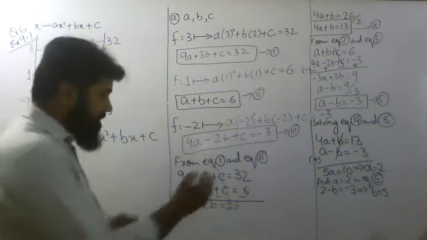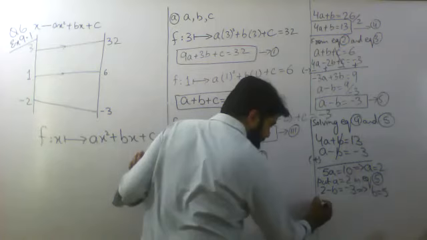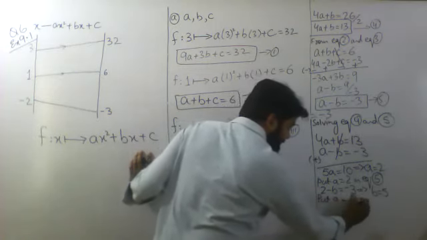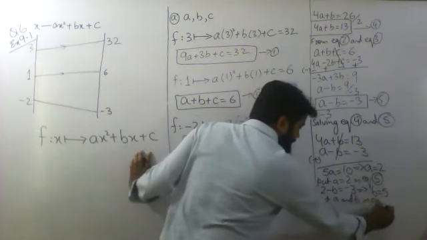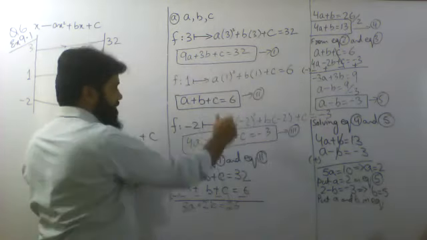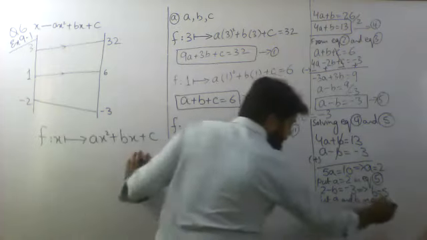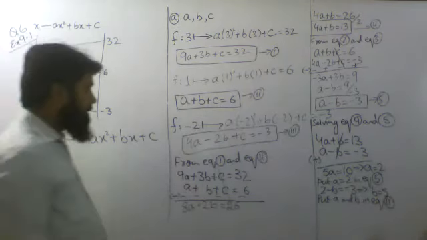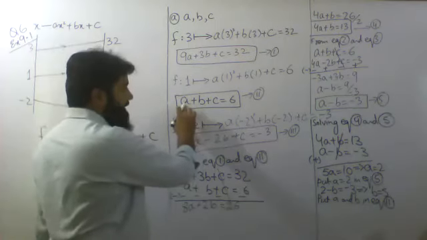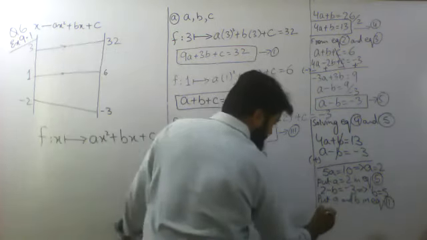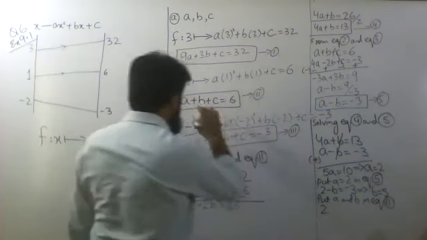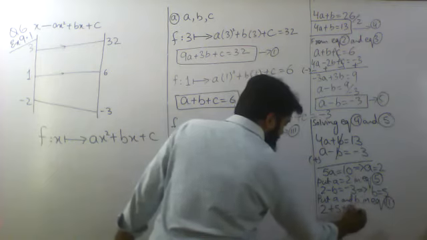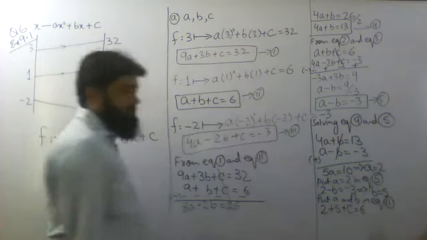Okay, so I am putting A and B in equation number 2. A is coming 2, B is coming 5, plus C equals 6.